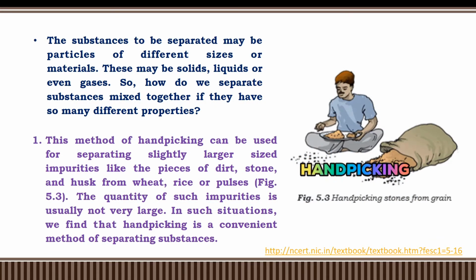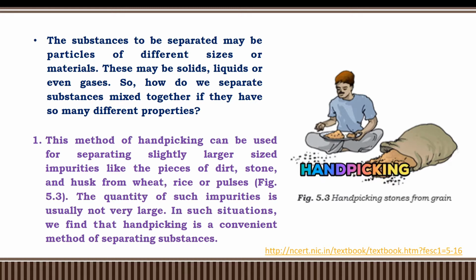Now here we will discuss handpicking. The substance to be separated may be particles of different sizes or materials. These may be solids, liquid, or even gases. So how do we separate substances mixed together if they have so many different properties?